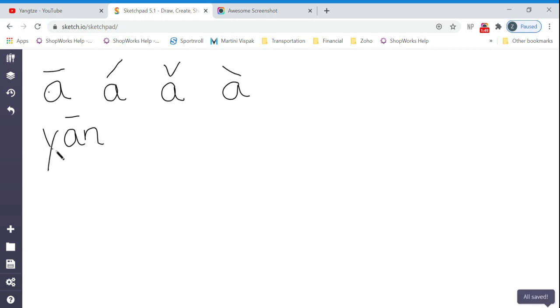Okay, for example, let me give you some examples. Like this one, yān. It means smoke or cigarettes. The same pronunciation, but with the second tone, yán, it means salt.